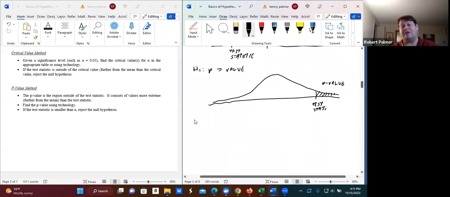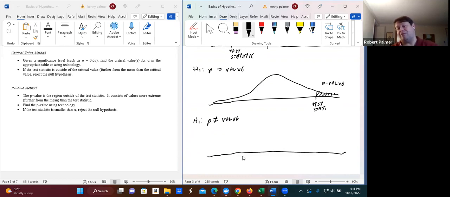Okay. And then the final case, H1, where p or mu is not equal to some value, some number. Just as we saw with the critical value method, once again we have our symmetric distribution, and then you have two values here. You have a positive and a negative test statistic, or you use the positive and negative value of it.